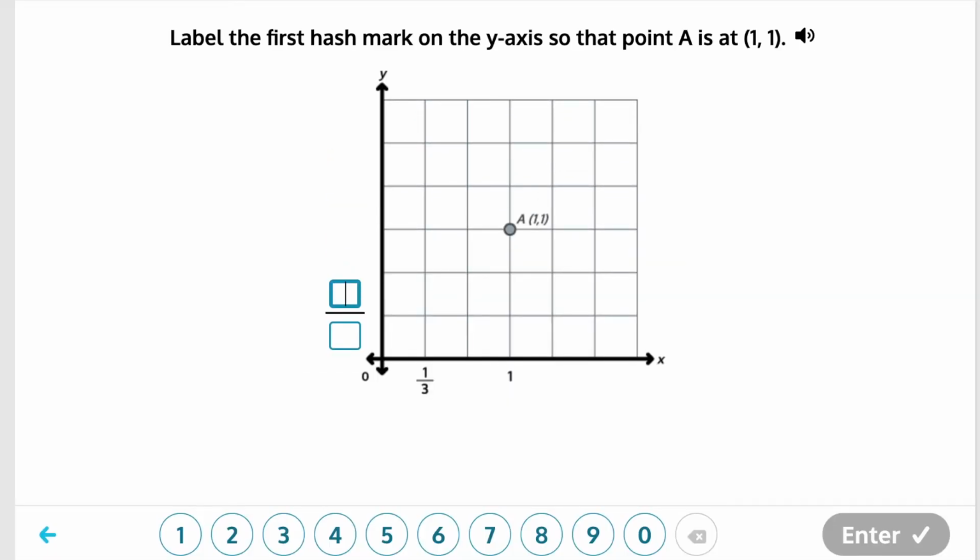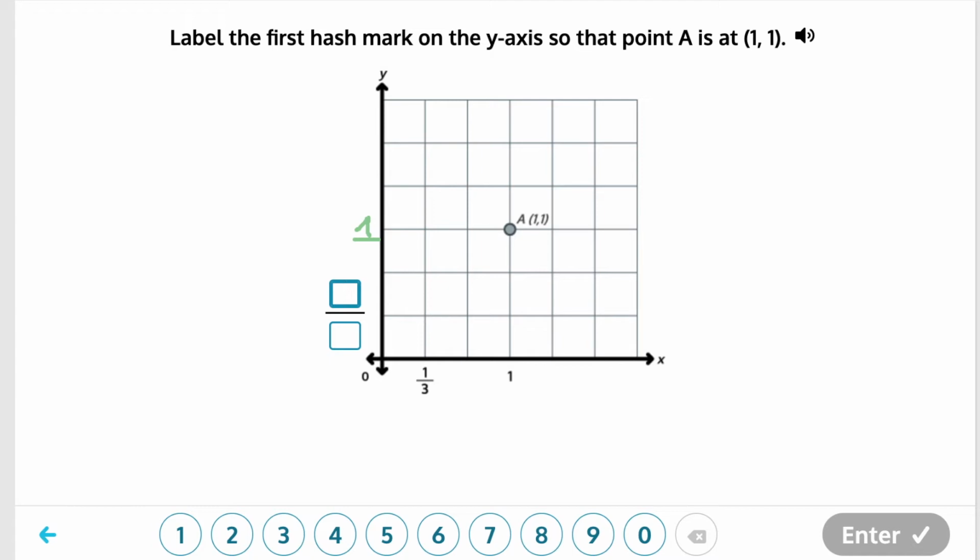So I'm going to make sure that my y-axis is also in thirds, just to double check. So let's see, I know that this point must be one whole. So my whole is divided into 1, 2, 3 parts. Okay, so it is in thirds as well.